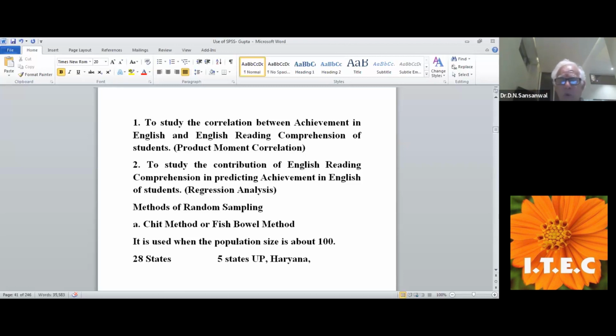And this method is only used when your population size is small. If your population size is large, then can you use the chit method or do you use some other method?